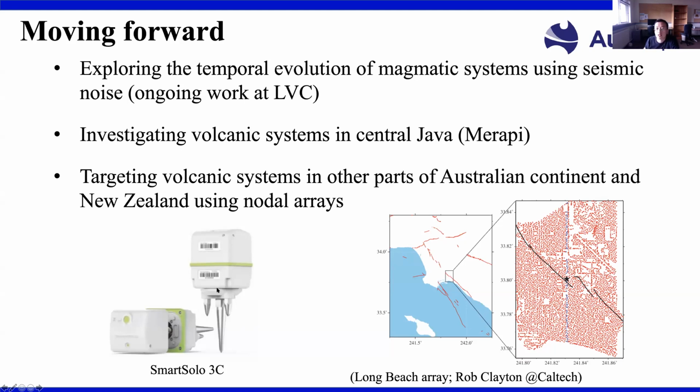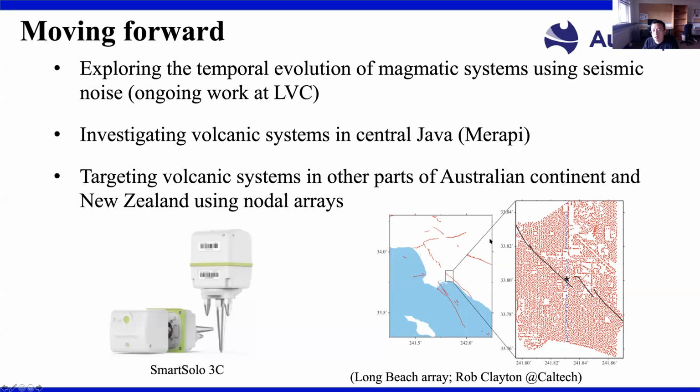It's like a geophone, but very compact. It's about 2.5 kilograms, and it has everything in it: battery, GPS. So you can carry maybe 8 to 10 of them by hand, which allows fast deployment. So we are trying to target different volcanic systems both on the Australian continent as well as in New Zealand.